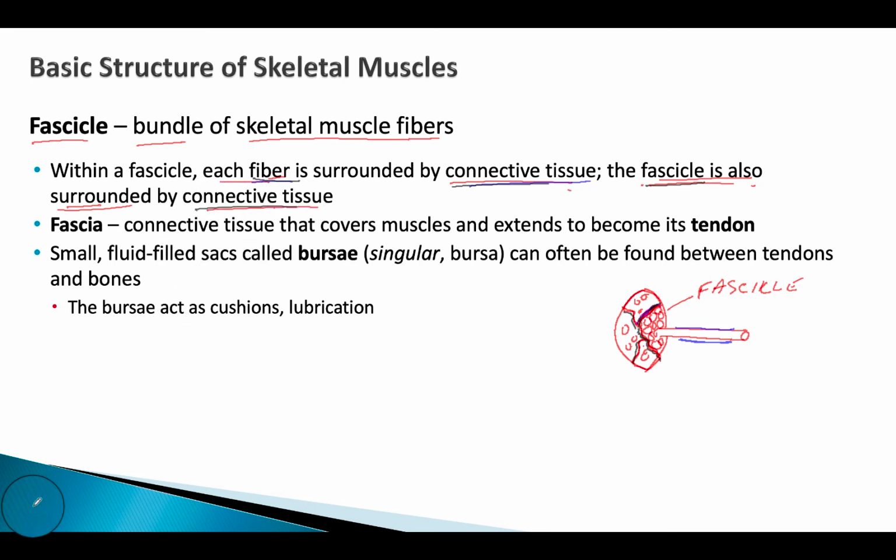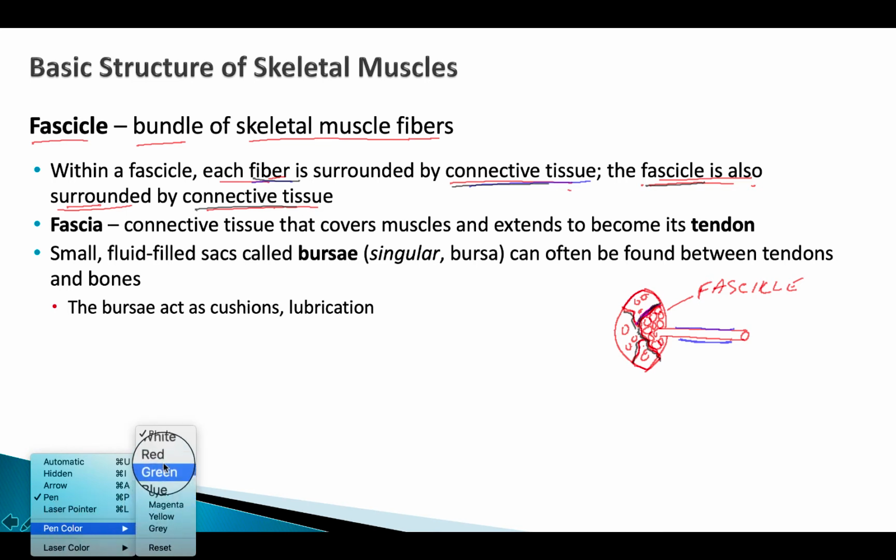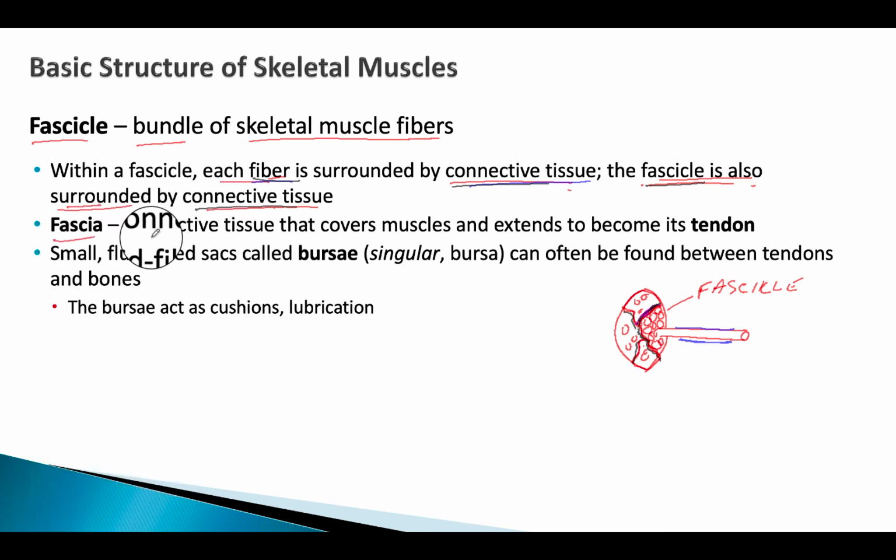So the next one here is your fascia. So what is a fascia? When we talk about a fascia, these are connective tissues that cover the muscles and can extend to become its tendon. So if this is the whole entire muscle, what I want you to know is that this whole entire muscle is a collection of fascicles right over here.